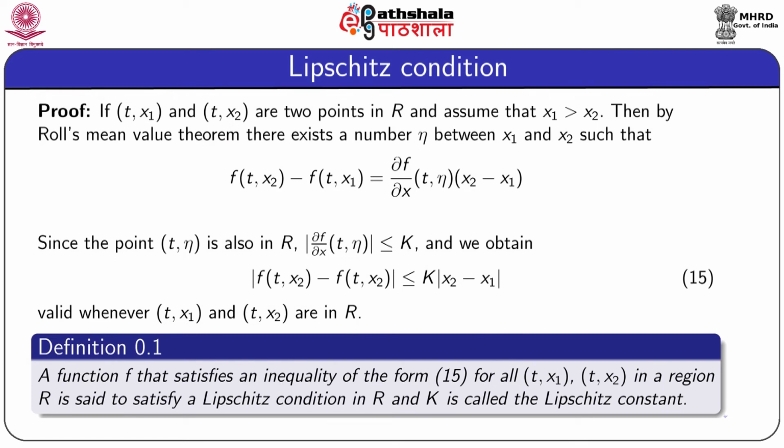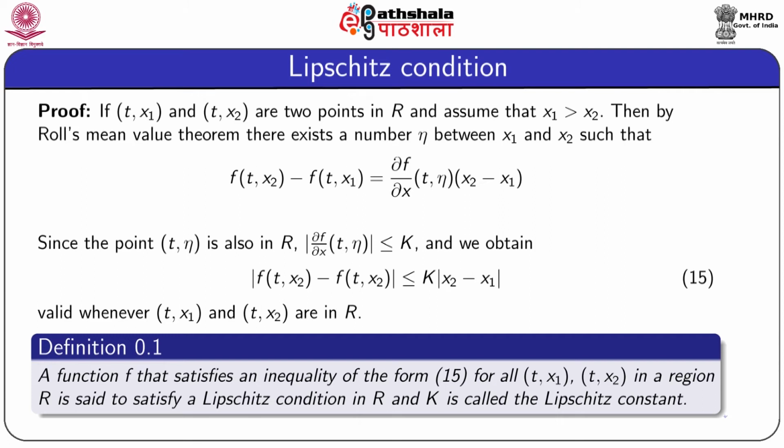The proof goes like this: if (t, x1) and (t, x2) are two points in R and assume that x1 is greater than x2, then by the mean value theorem there exists a number η between x1 and x2 such that f(t, x2) − f(t, x1) is equal to ∂f/∂x (t, η)(x2 − x1).